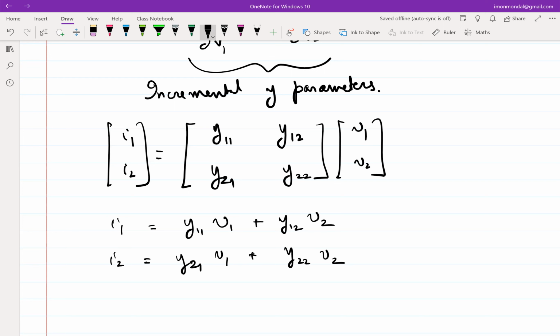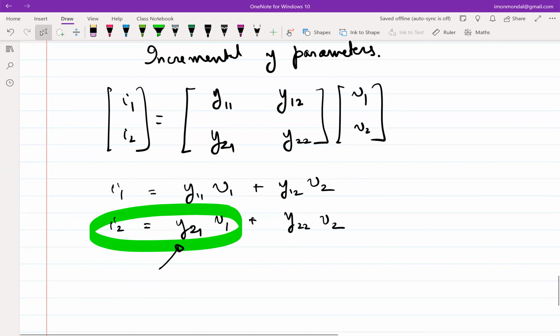So let's look at only this term to make the point. What does this Y21 imply? This Y21 is trying to establish a relationship between the input port and the output current, and the subscript 21 is referring to the ports between which I am trying to establish the relationship, right?